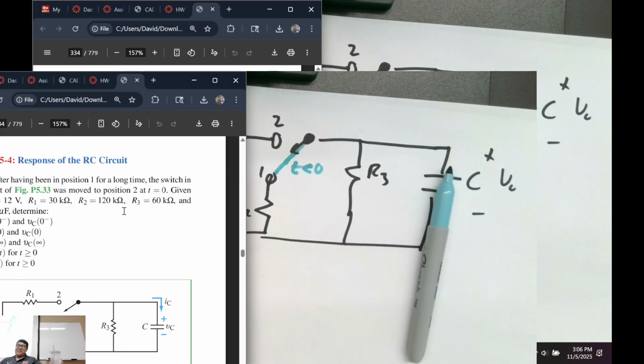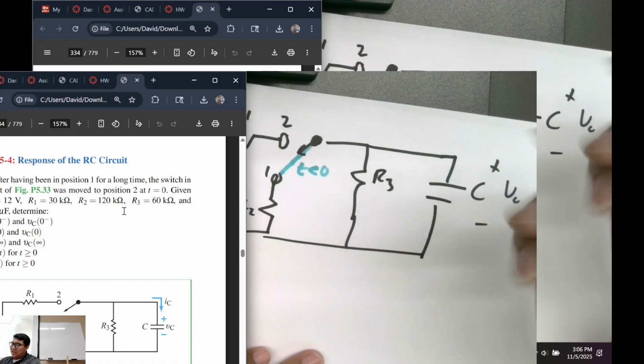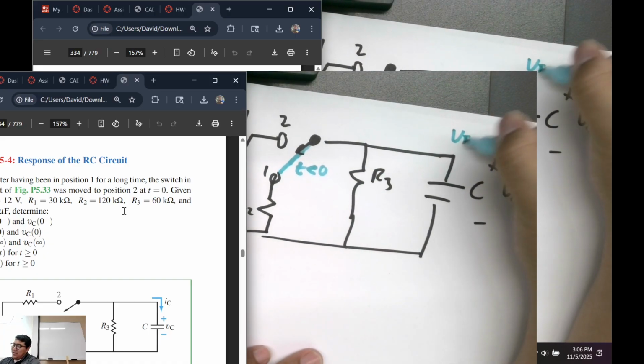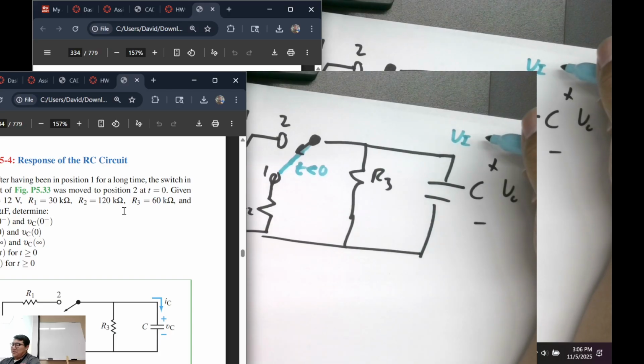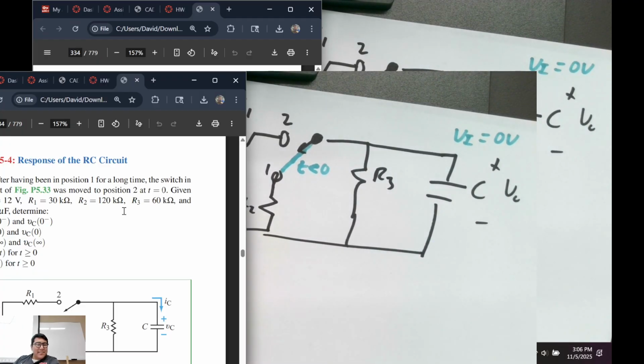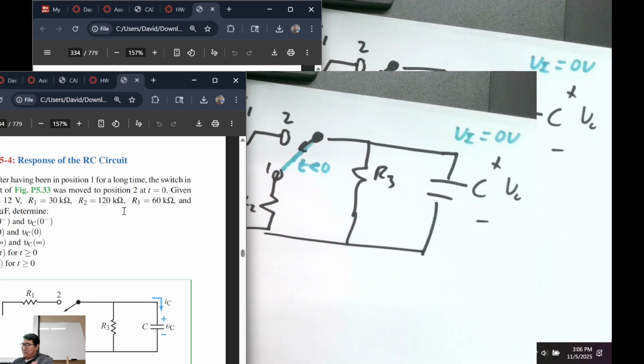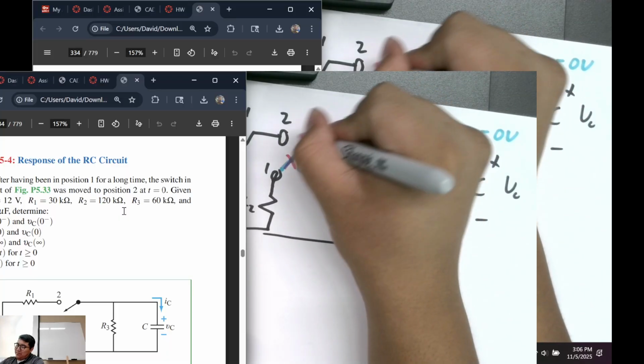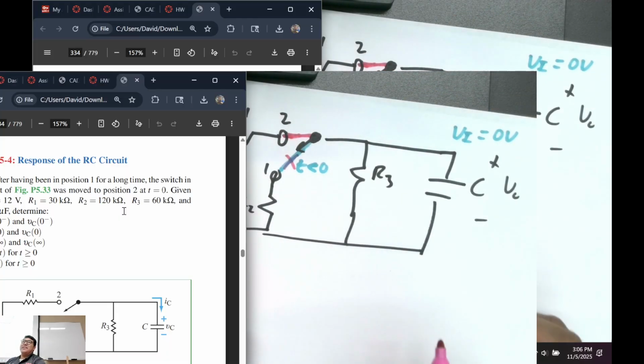It's empty, there's nothing to do. So V initial is something we know is going to be 0 volts. Then it says we switch it now to 12 volts, to this position. There we go. Is that good?